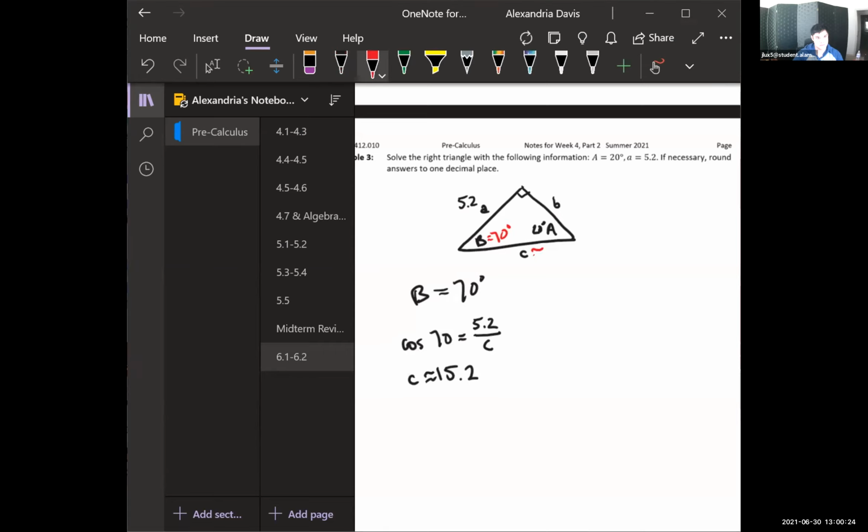Yes. Okay, so you found that angle B. Oh, good, okay. So you use the cosine of 70 is little b over c.